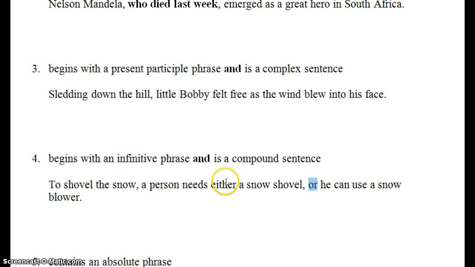So again, a compound sentence. If you remember from last year, your sentence pattern is I, and then you can have a coordinating conjunction, or even a semicolon.